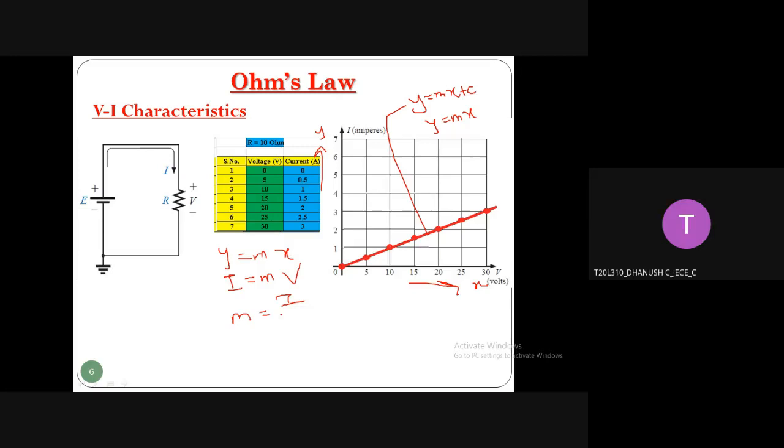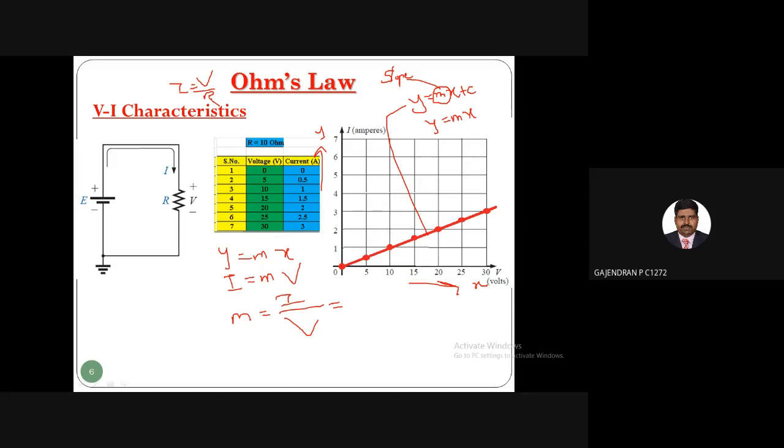Wait, we have studied in mathematics: m is the slope of the line. In terms of electrical parameters, I equal to V by R. Here what I need is the V by I relation.